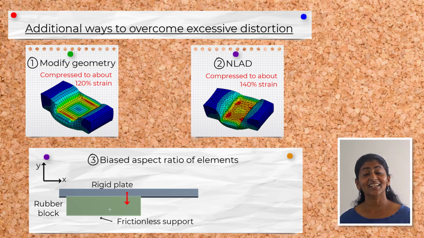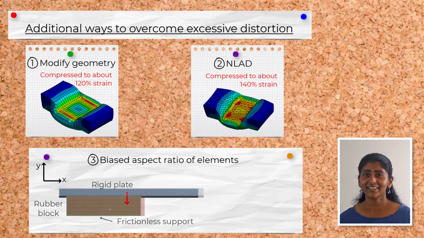For example, consider this rubber block being pressed by a plate. Since we expect the rubber to get compressed in the y direction and stretch out in the x direction due to Poisson effect, the elements will contract in y direction and elongate in the x direction.